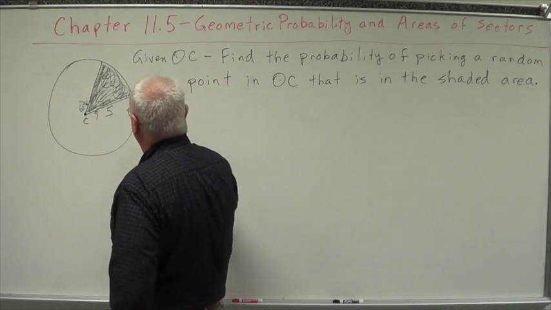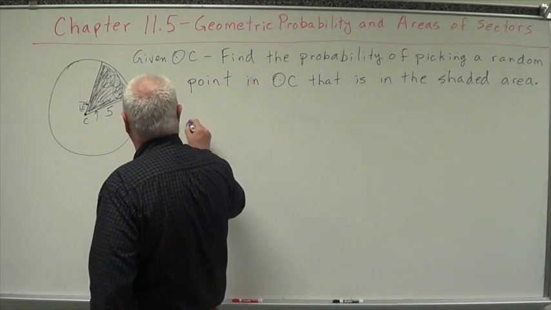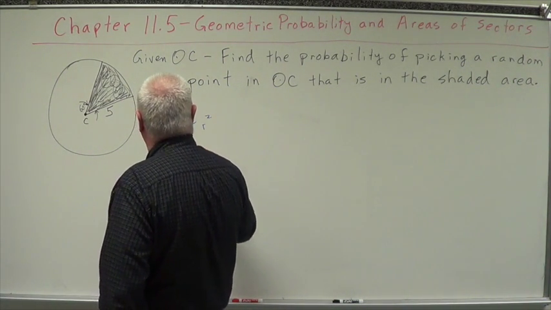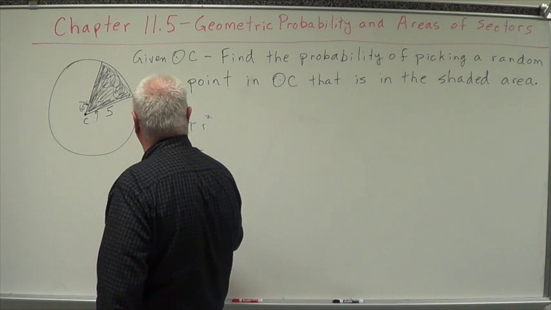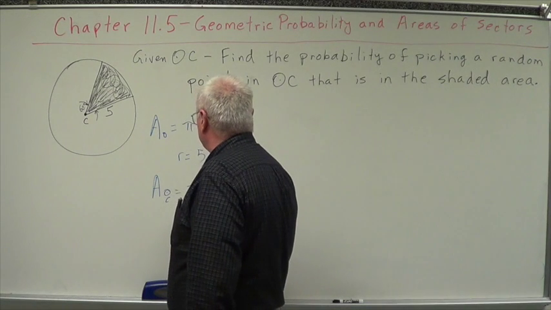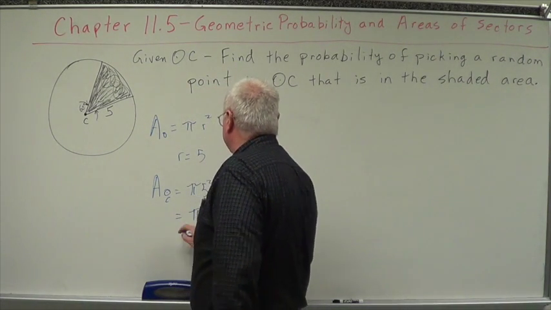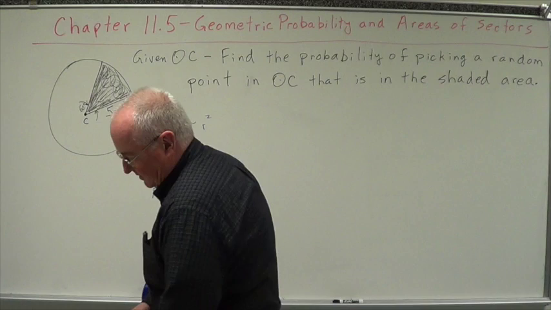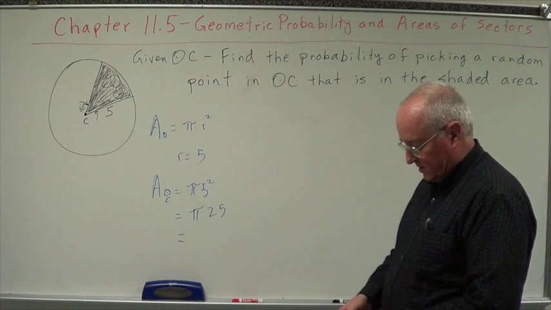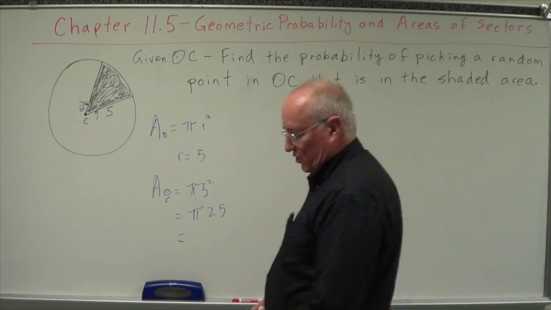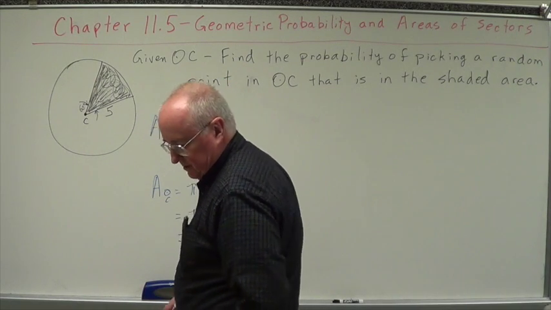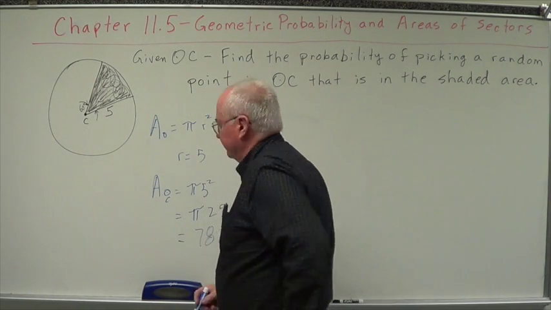So let's do that. Area of a circle equals pi r squared. In this case, r equals 5, so the area of circle C equals pi times 5 squared, equals pi times 25, which equals, let's get our handy dandy little calculator, 78.54. All right?